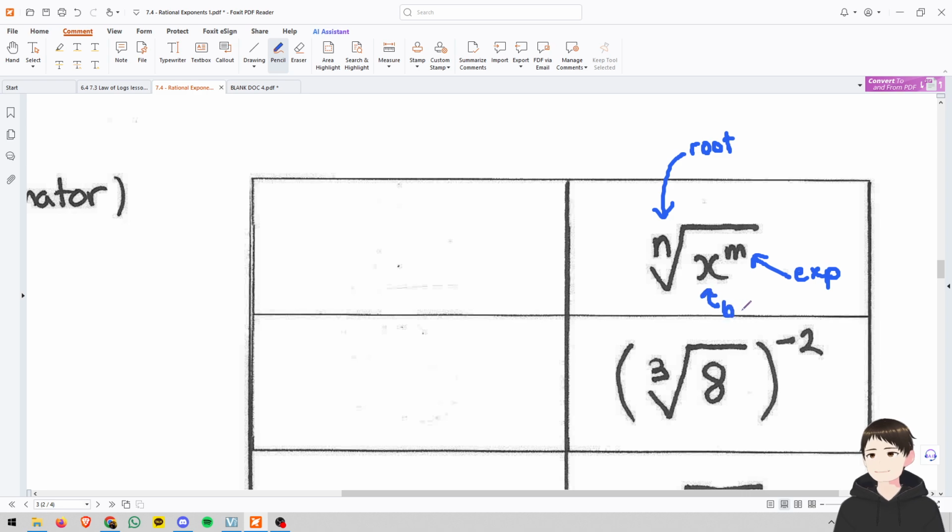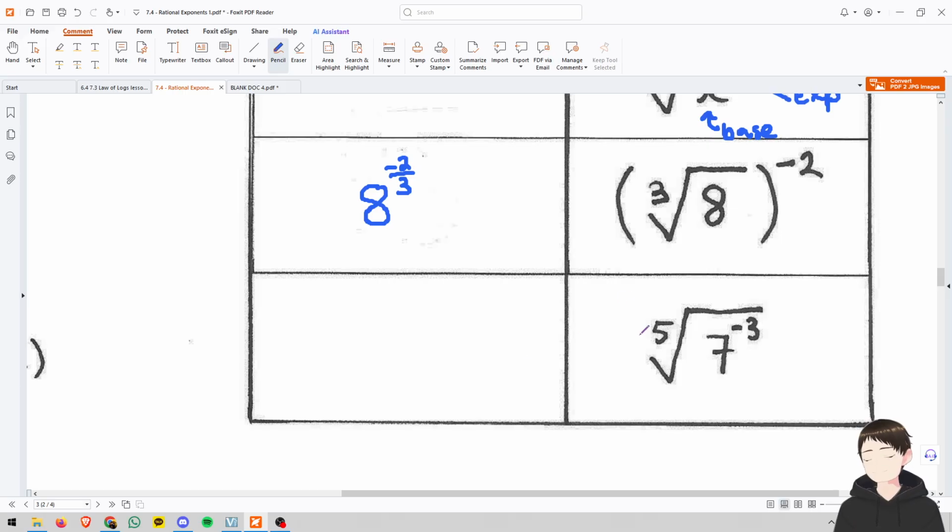And here's the base. If I take this radical and turn it into an exponent, this would be x to the power of numerator over denominator. Same thing here. This would be 8 to the power of numerator over denominator. Same thing.